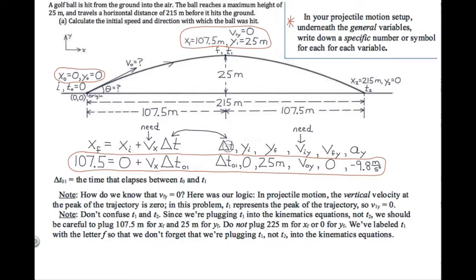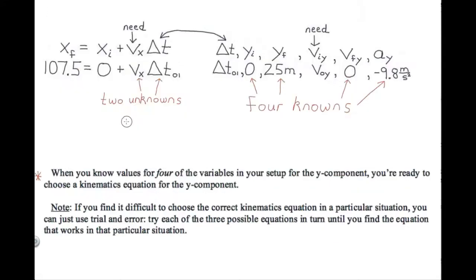For delta t, let's use the more specific symbol delta t sub 01. This symbol stands for the time that elapses between t sub 0 and t sub 1. We still have 2 unknowns in our x equation, so we're not ready yet to solve the x equation.